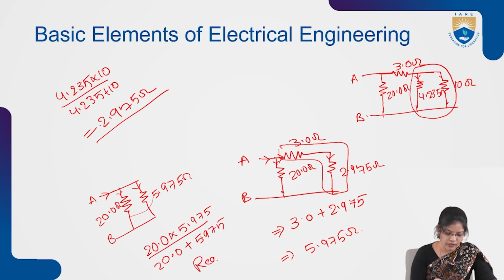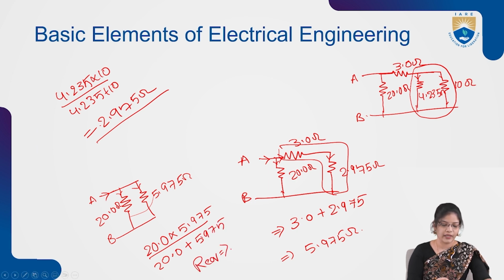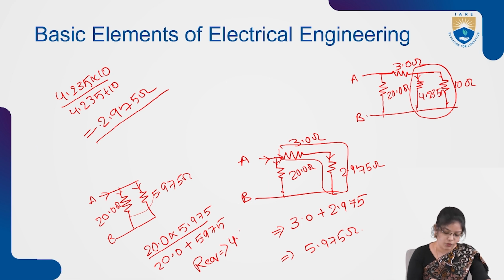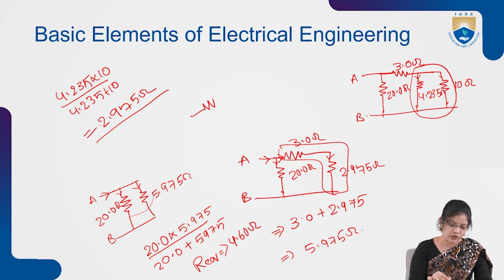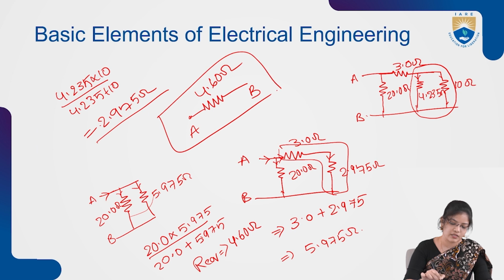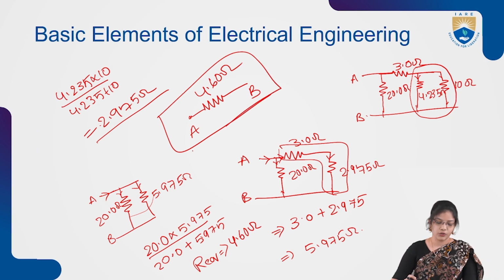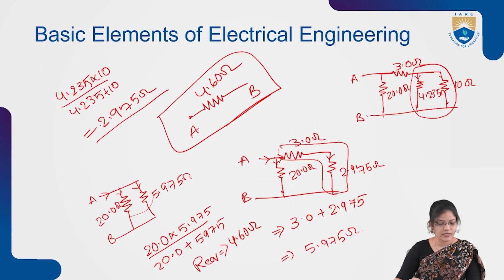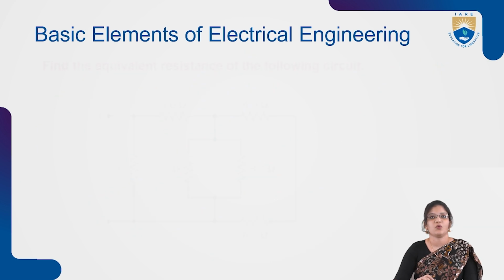So the R equivalent of the final network will be 4.60 ohms. The final equivalent resistance across the terminals A and B is 4.60 ohms. So for this circuit, the final resistance is 4.60 ohms.